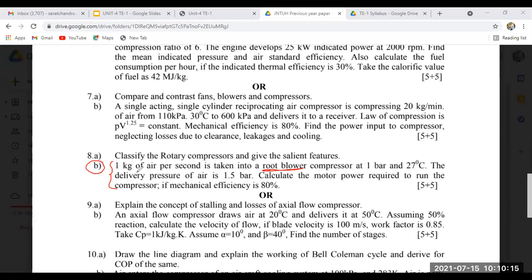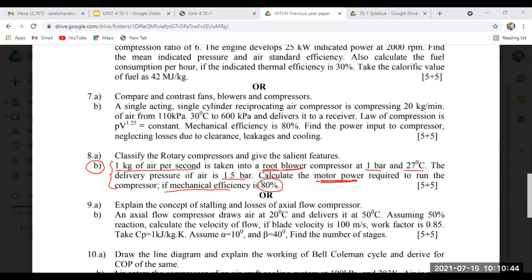In this root blower compressor, 1 kg of air per second is entering at a pressure of 1 bar and 27 degrees Celsius. The delivery pressure of the air is 1.5 bar. We have to calculate the motor power, how much power must be supplied by the motor to run the compressor if the mechanical efficiency is 80%.